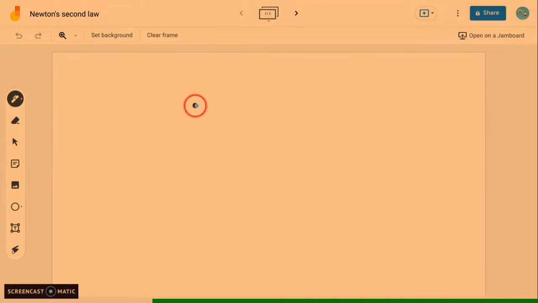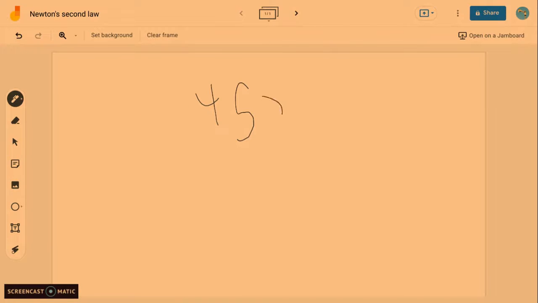So first what we're going to do is we are going to take 450, sorry, my handwriting's bad, and we're going to do times 8. This is the way I like to do multiplication.